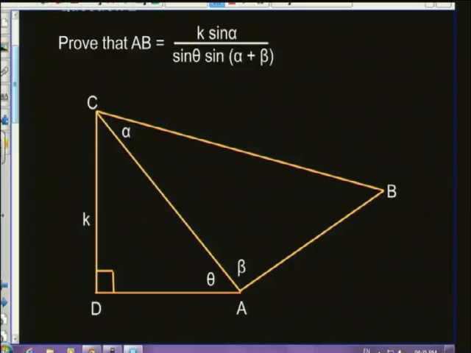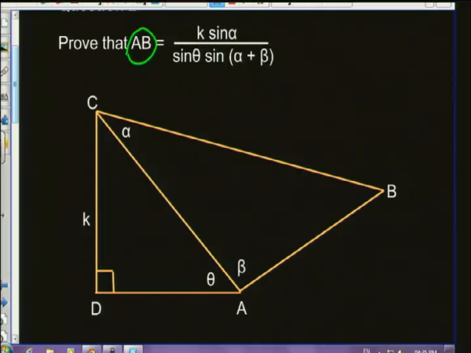Okay, this looks more like a 3D, but it's not. Now, we're given a diagram here, and we need to prove that AB will be K sine alpha divided by sine theta, sine alpha plus beta.